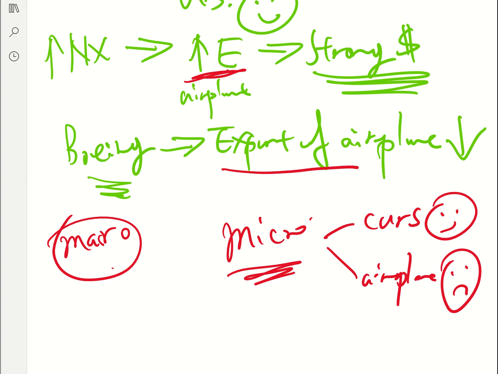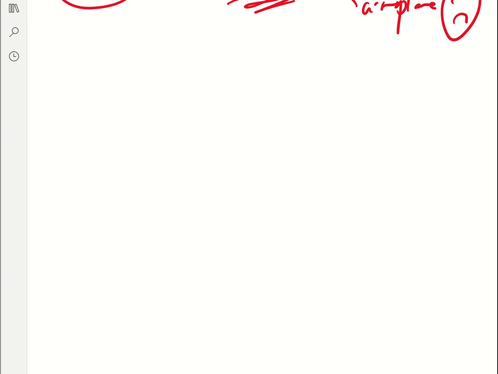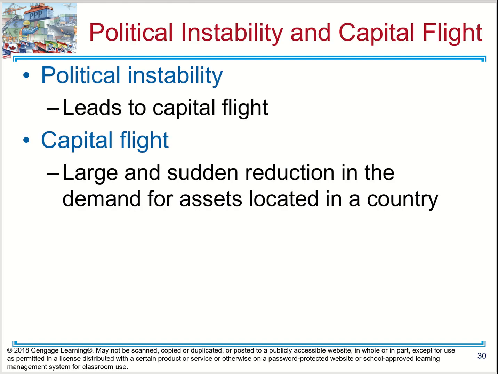All right. The last concept for this chapter is called capital flight. Now, capital flight, imagine that your investors are all worried about their money and they want to pull the money out as soon as possible, getting the money out of the country all at once. That's called capital flight. One of the biggest reasons for that might be any type of political instability.